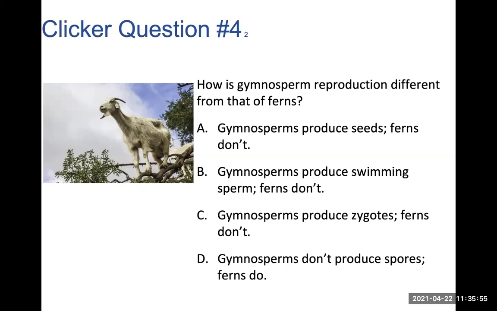So type your answer. A, yeah, that's the answer. Gymnosperms produce seeds, ferns don't. So that's the answer.